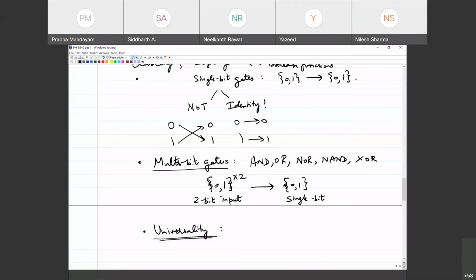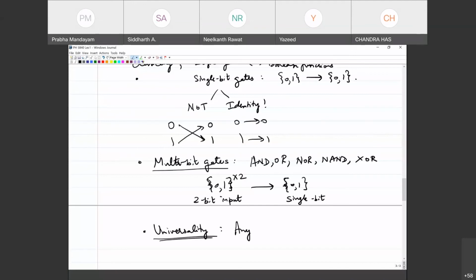But of course, my computer is realizing much more complex operations. So what is universality? Ma'am, it's like having a basic set of gates using which we can design some complex circuits. Okay, exactly. So thank you.